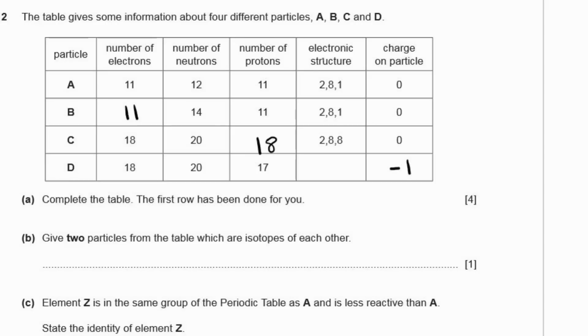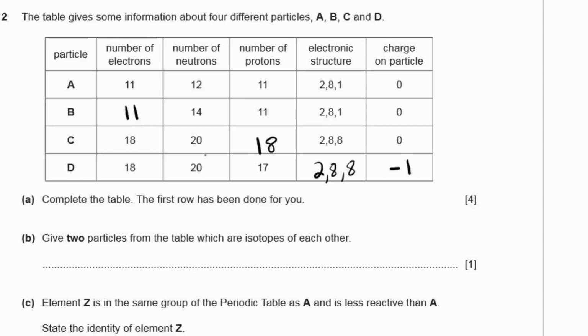And now we look at the electronic structure. Well, you don't even really need to calculate it because C already has 18 electrons and D has exactly the same number of electrons, so it has to have the same structure. 2, 8, 8. 2 in the first shell, 8 in the second shell, and 8 in the third shell, just like C. Okay, good. B. You have 2 particles from the table which are isotopes of each other.